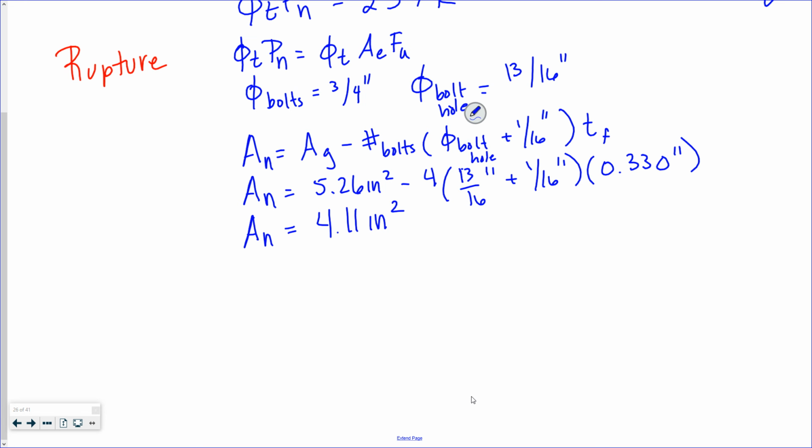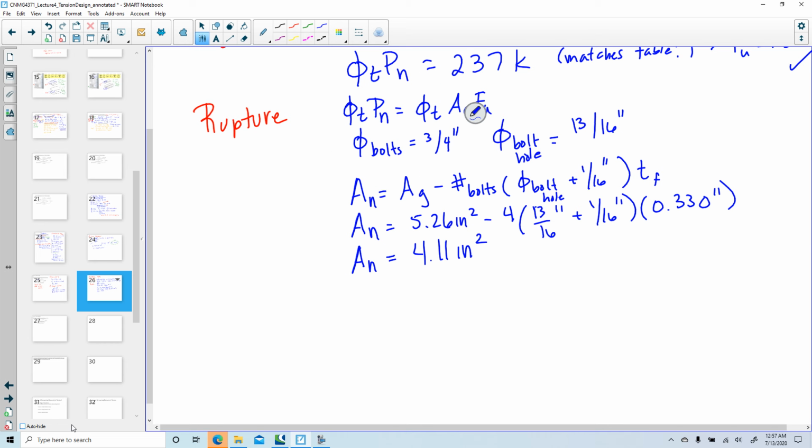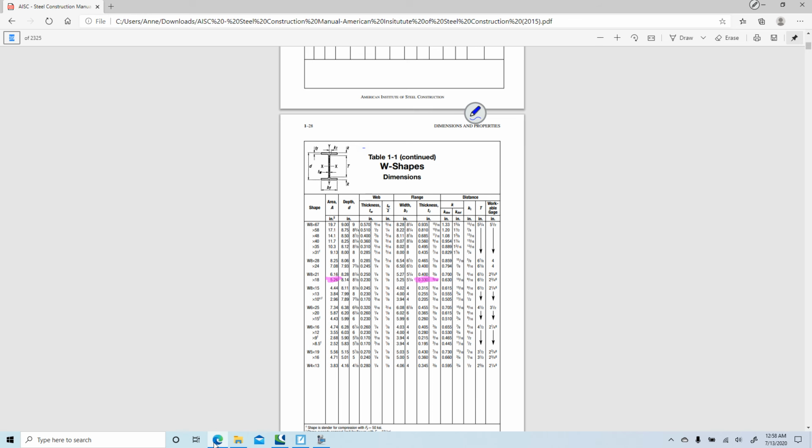Now I need to figure out how much of that net area is effective. So I need to do my shear lag factor. If I go to chapter D, I look at my shear lag table, Table D3.1, page 16.1-30. Let's see, what page would that even be on?